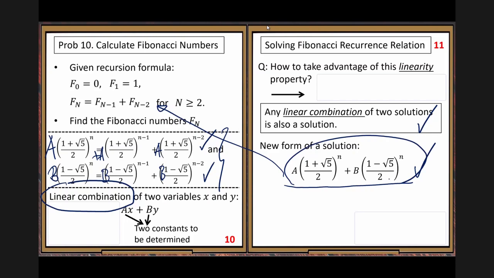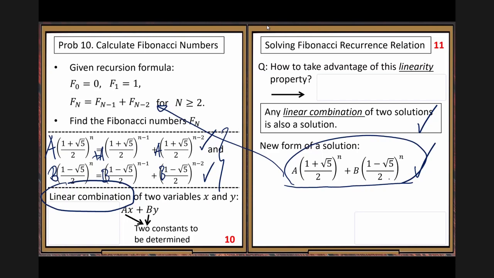So you can see, using the linear combination structure, we can construct a new solution, because our recurrence equation is linear. If it's non-linear, you don't have this property.